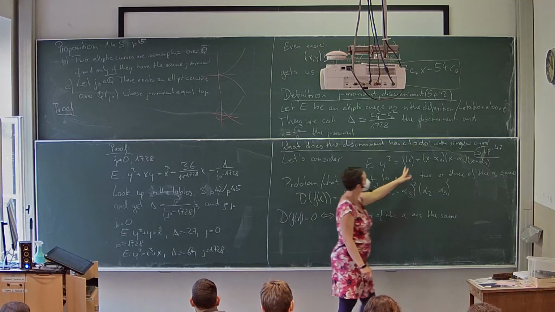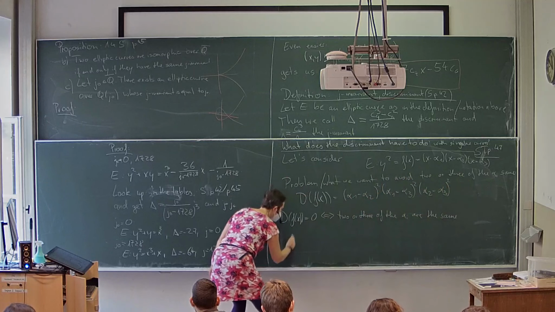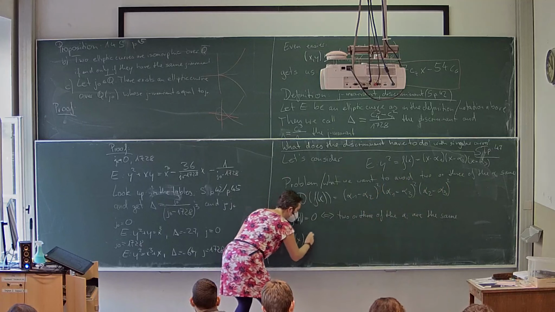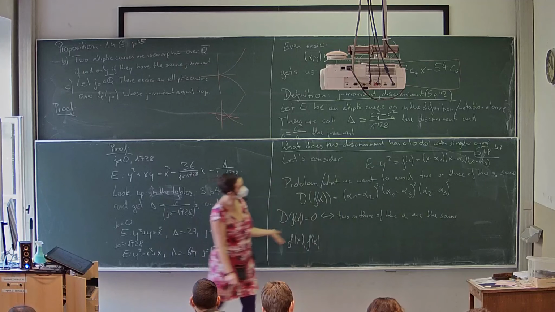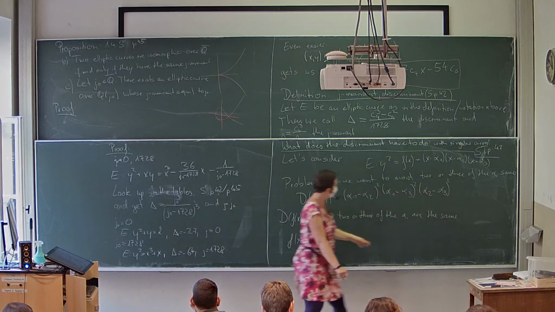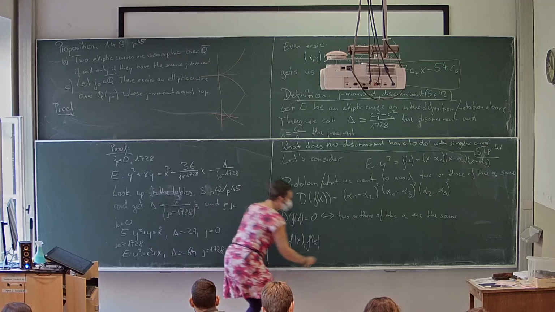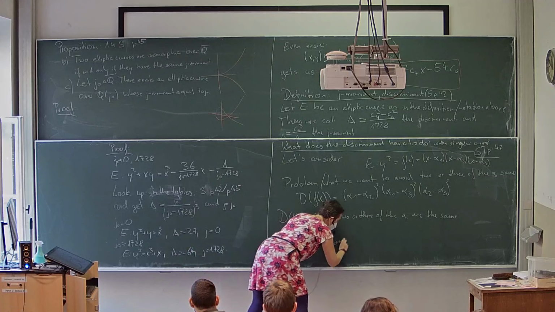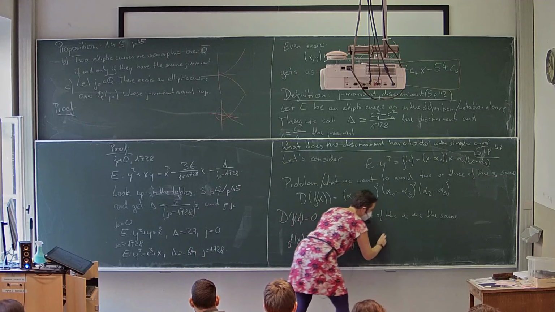If we look at a polynomial and its derivative, and if they have a common factor, then there's a multiple root, and then the discriminant is 0. So this is the same, and this is also bad.